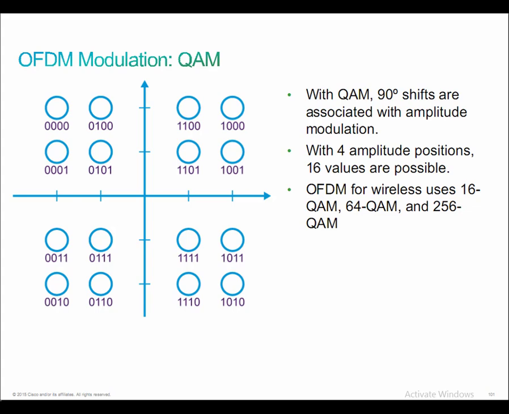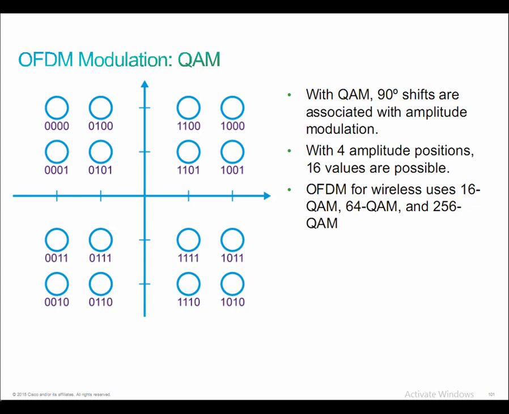To obtain QAM, sounds like some Zen state that you would be in. To obtain QAM, the only other parameter that needs to change is the amplitude, the height of the wave. We're not modifying the frequency or the wavelength. All the modulation techniques that you've seen up to this point changed the orientation of the wave but kept the wave at the same size.